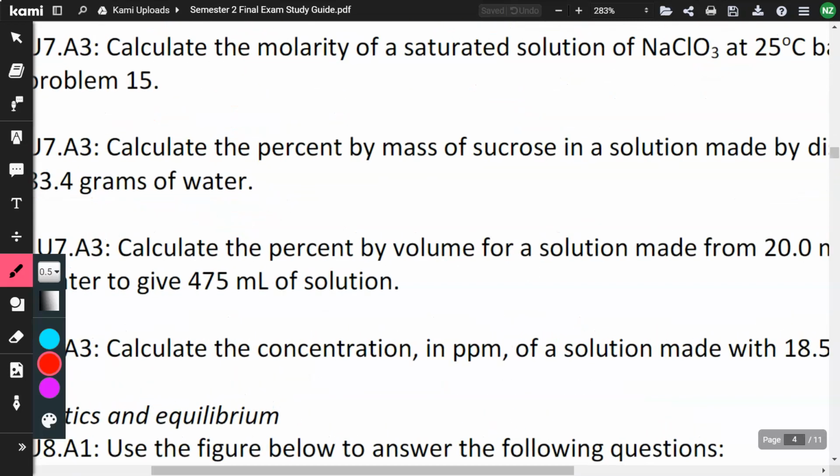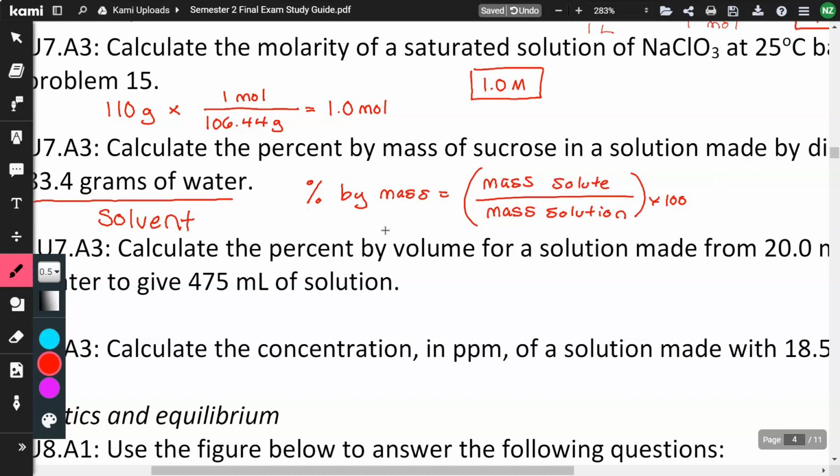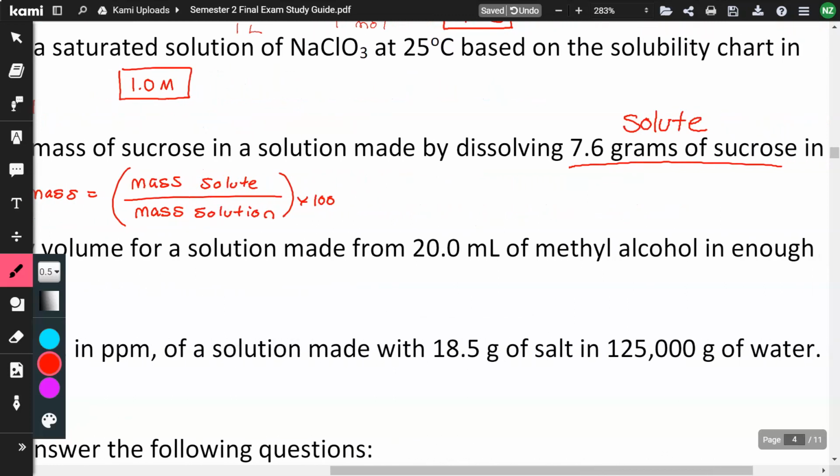So to solve this, it's going to be the mass of solute over the mass of the solution times 100. So the solute is our sucrose, so it's going to be 7.6 grams.